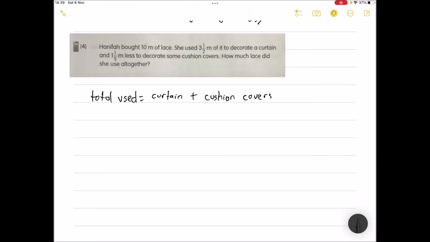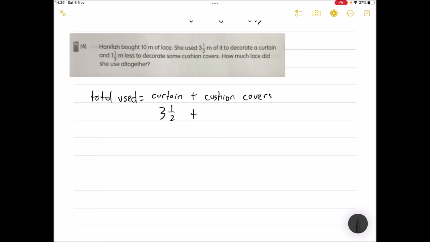Okay. Now I ask myself, how long did she use for the curtain? Oh, I get the number 3.5. Pretty simple. How about the cushion cover? I don't know how much she used for the cushion cover, but I know it's 1/5 meter less than the curtain.